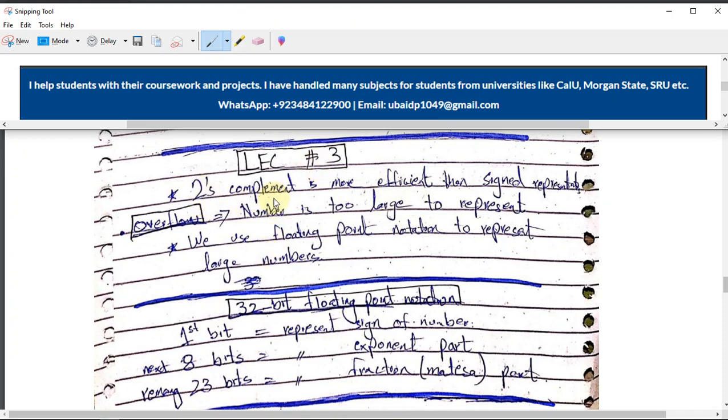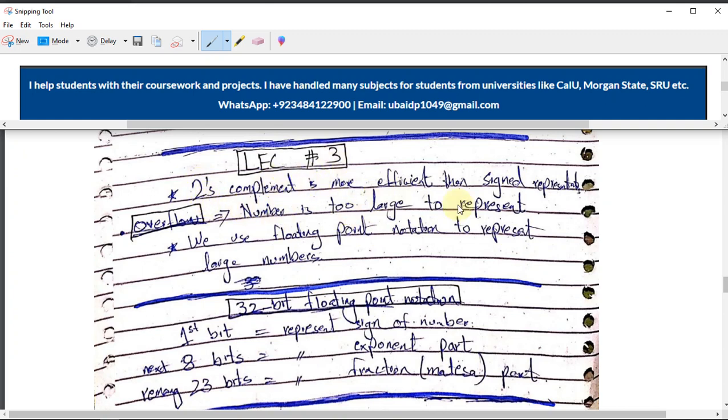Two's complement is more efficient than the signed representation. I just want you to know that you can download these notes from the description, right? What this line means is that if you are bound to use negative numbers, then go with the two's complement.